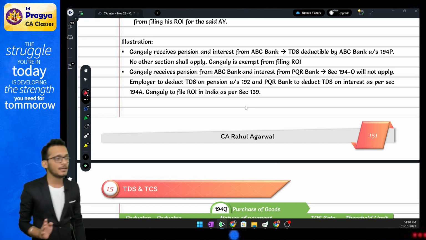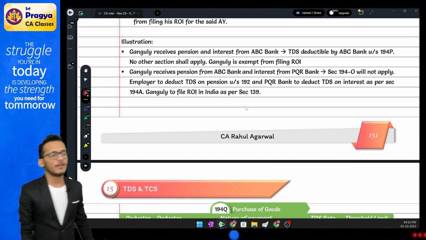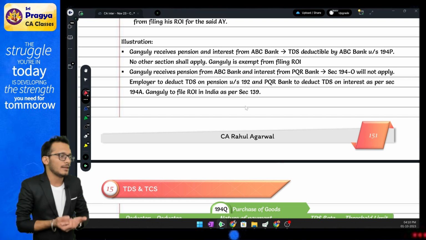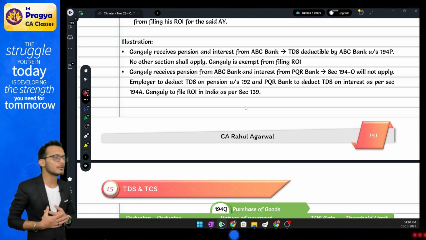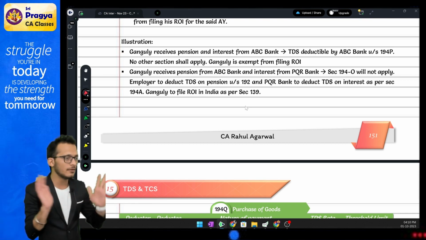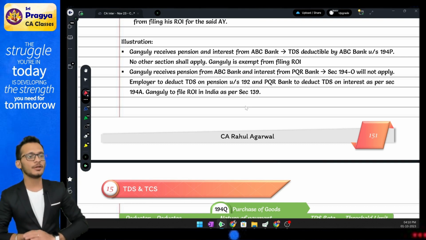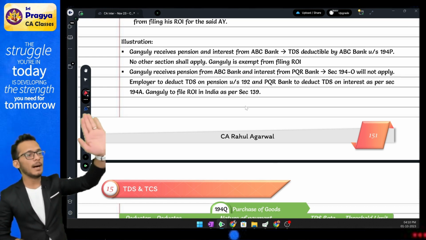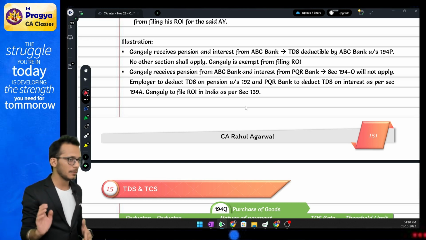But this will not apply in case the deductor does not have a turnover of more than 10 crores in the preceding previous year. If the deductor has a turnover of more than 10 crores in the preceding previous year, then only he will follow the section. If not, he will not follow the section. If he is going to follow it, he has to deduct TDS at the rate of 0.1% on the payment above 50 lakhs.